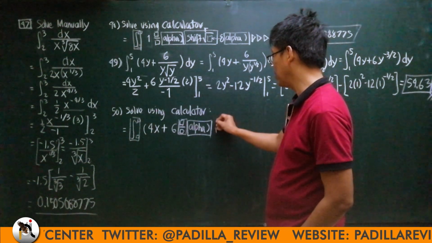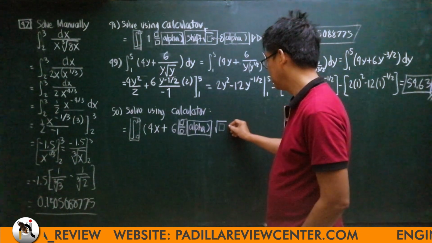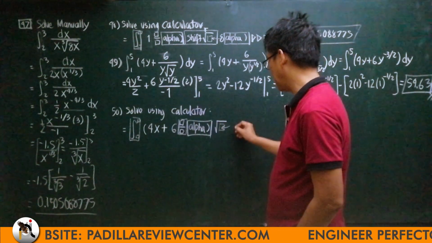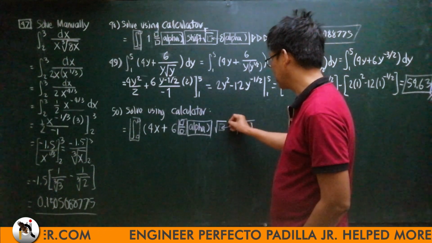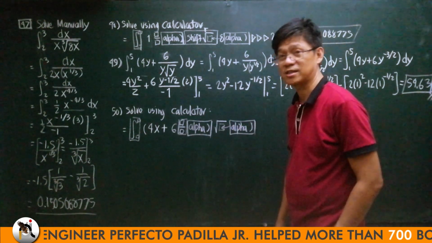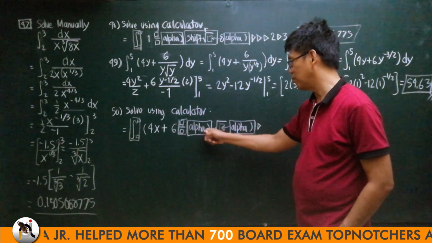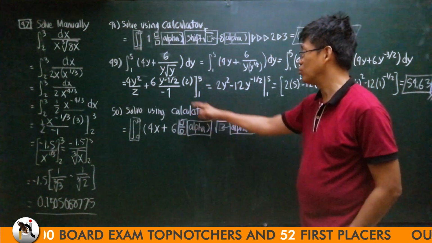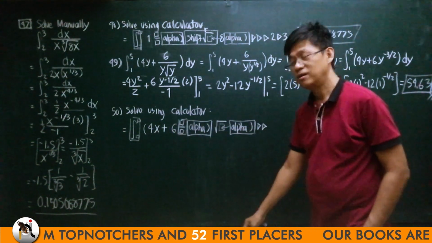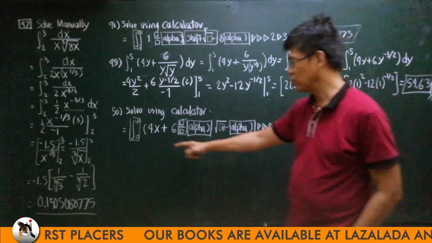Then square root of, then we are inside, so that is alpha x. So again, alpha x, y must be entered as x. So you press the right arrow key to get out of the square root, then you press the right arrow key to get out of the denominator, then you press the right arrow key again to go to the lower limit.